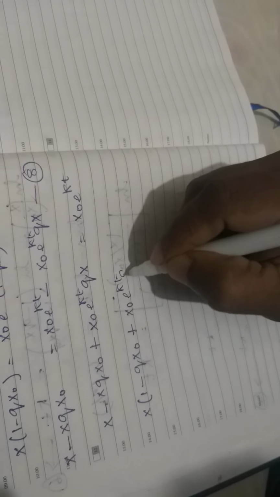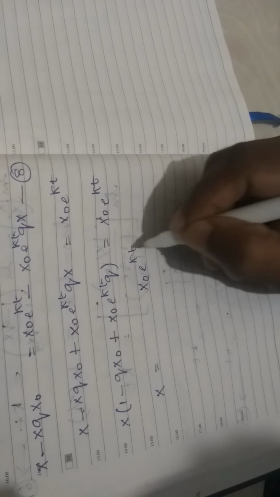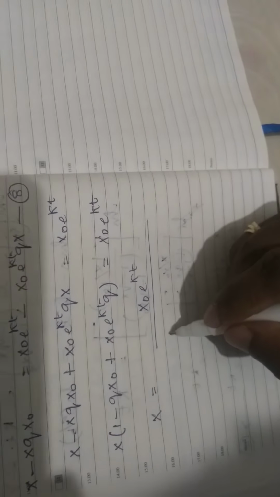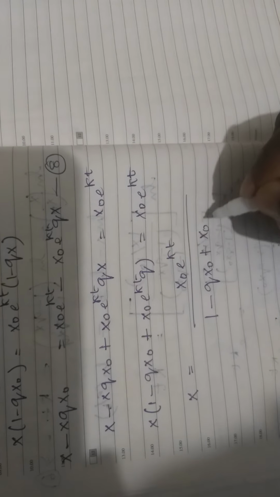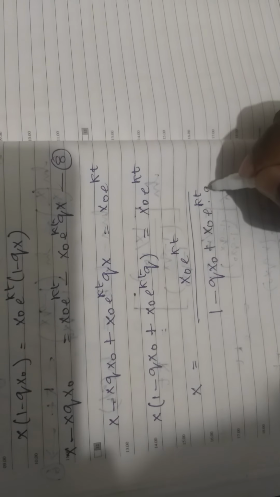We want x only, so x is equal to x naught e power kt divided by 1 minus qx naught plus x naught e power kt into q.